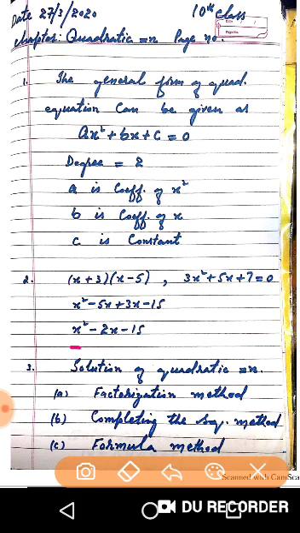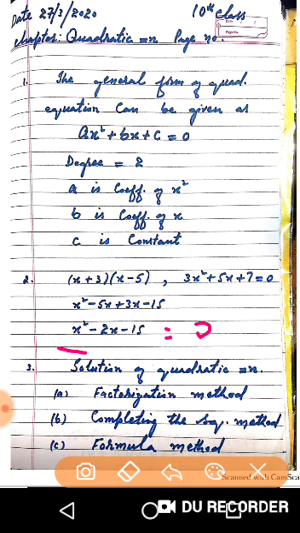The polynomial which you have got now is x square minus 2x minus 15. If you make it equal to 0 like this, then it is a quadratic equation, because its degree is 2.